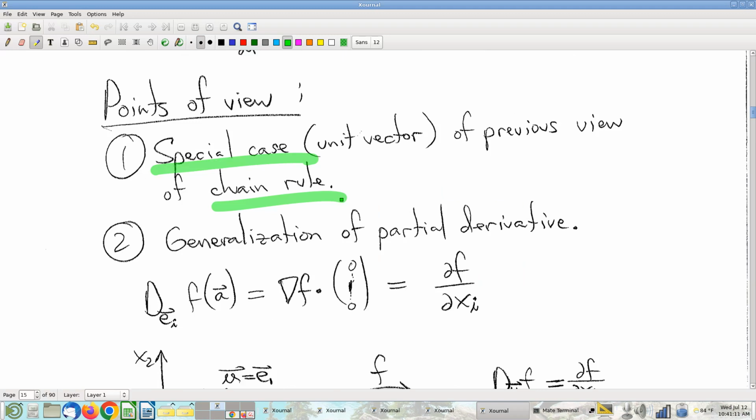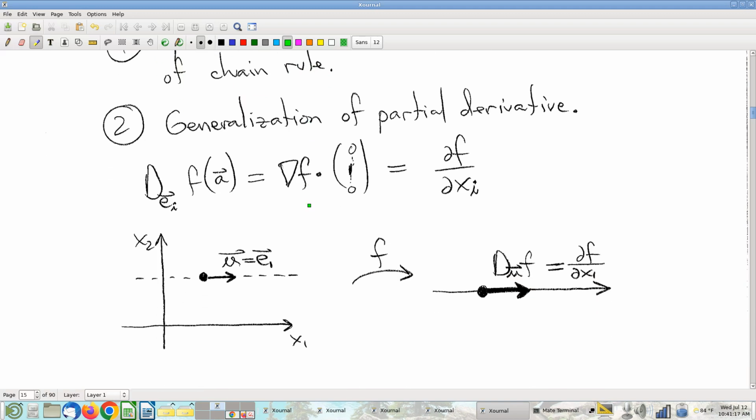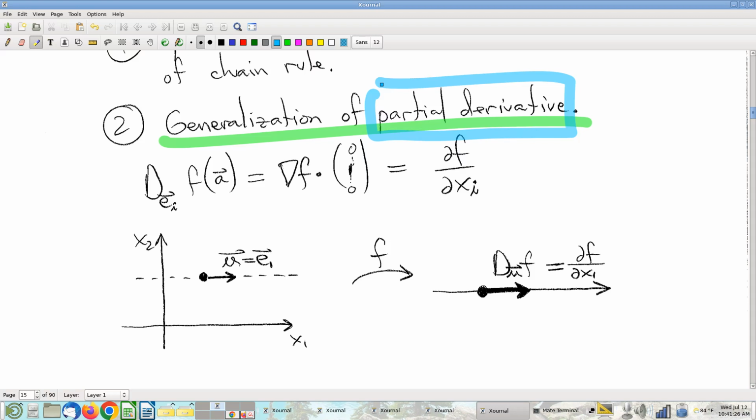Now, I think there's another nice point of view: it's a generalization of the idea of a partial derivative. Let me talk you through this. Our literal picture of the function says a partial derivative means I'm going to move in the direction of just one of the variables. The other variables all have to stay constant.